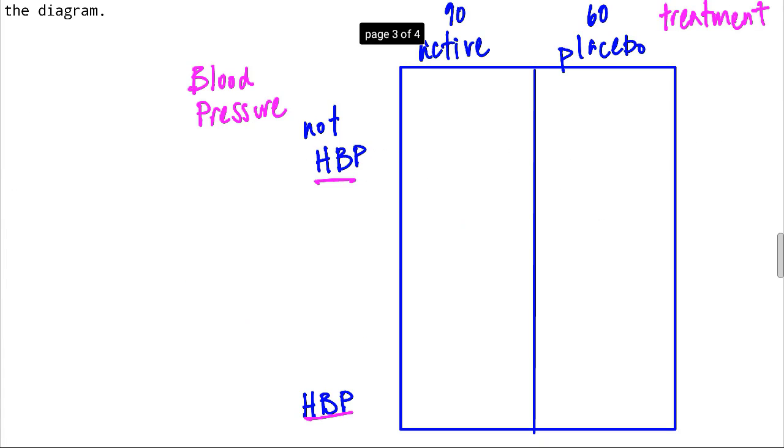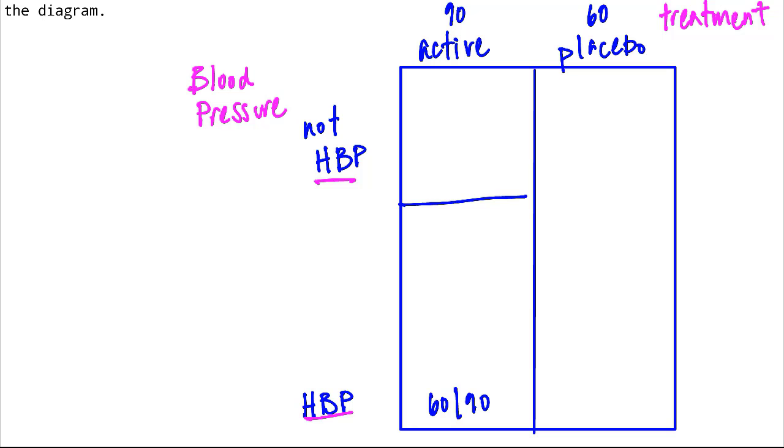So if we can just remember that, then we'll know that for high blood pressure, of the 90 people who got the active agent, 60 have high blood pressure. So that's 60 divided by 90 is 2/3, 67%.